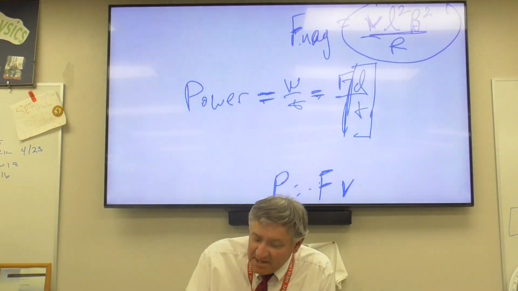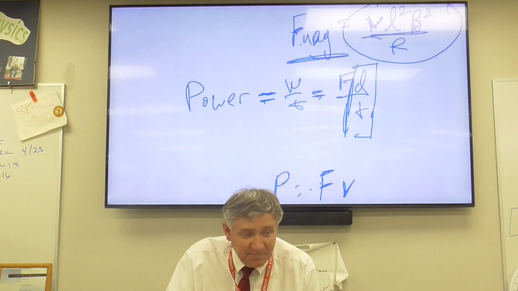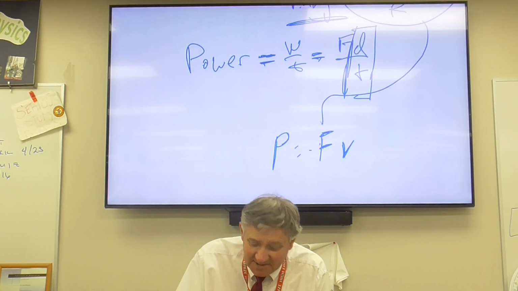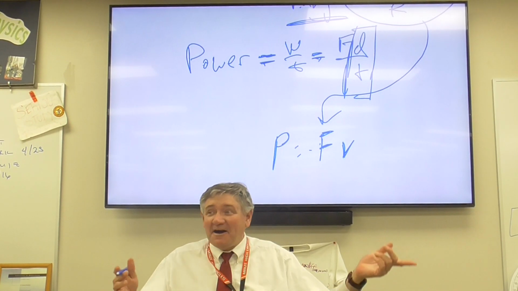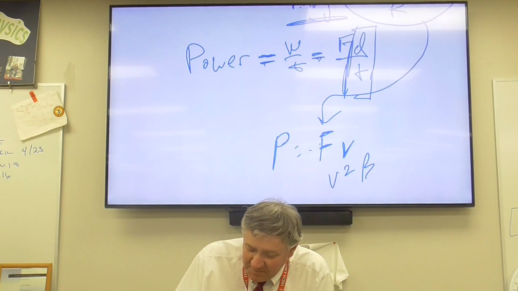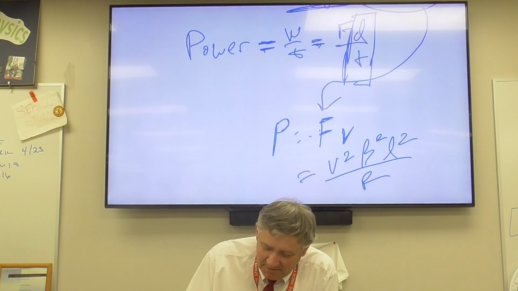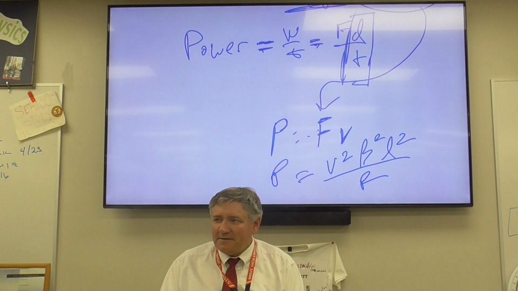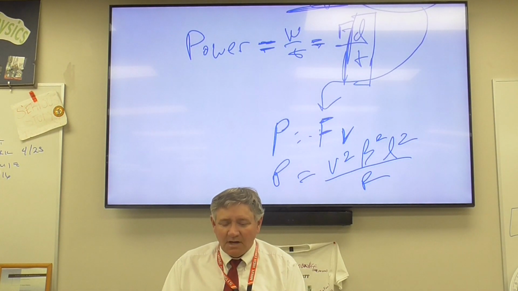But we just said that the force is V L squared B squared over R. So if you substitute all of that in here, it just becomes V squared B squared L squared over R. Not voltage, it's velocity. Squared over R.